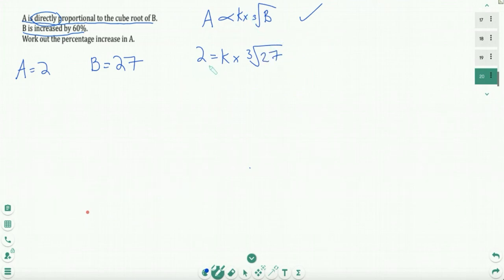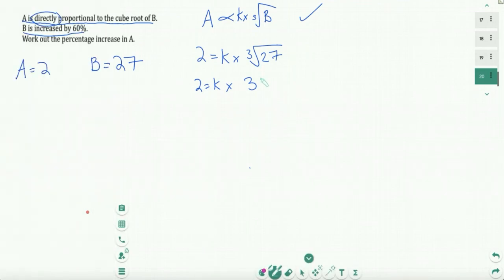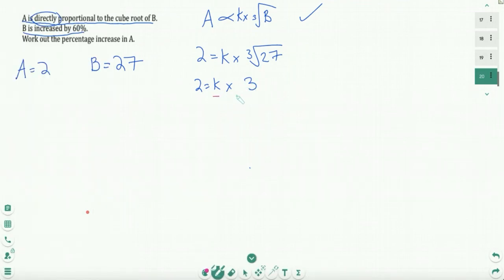So let's find k. So 2 is equal to k times the cube root of 27, you can use your calculator, is 3. So k times 3 is 2. If you're stuck, k is being multiplied by 3. If we want to find k, we've got to divide by 3 on both sides. So 2/3 is equal to k. So k is 2/3.